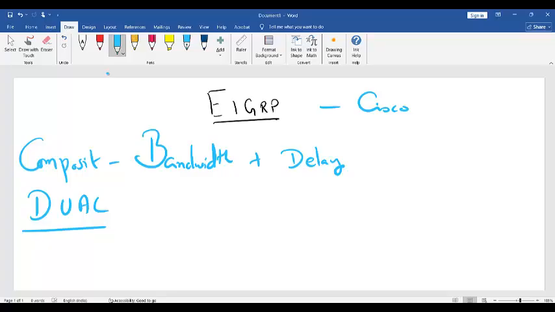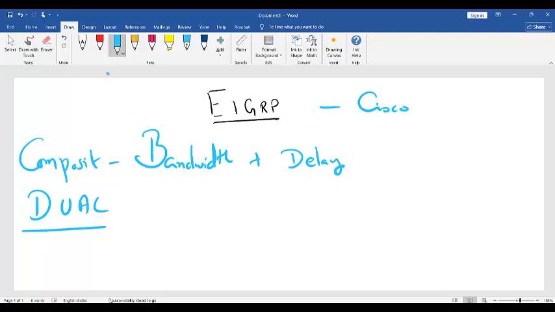So the character D in the routing table tells you that this route was given by EIGRP, the one which chooses the best and loop free path among all other paths.